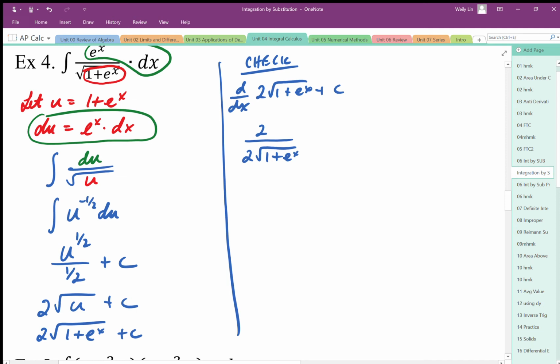I have an embedded function, so I need to apply the chain rule here. So times the derivative of the inside, which is e to the x plus 0. The 2's cancel out. I end up with e to the x over the square root of 1 plus e to the x. There we have it. We end up with what we started with. This must be the right integral then.